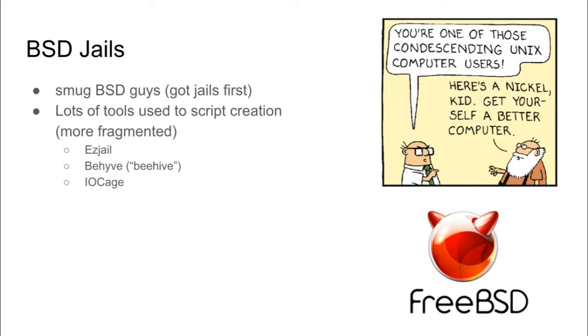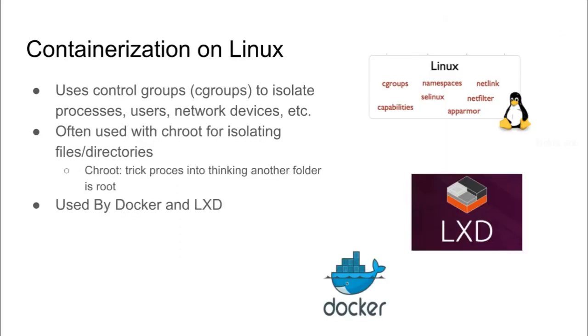BSD has had something like this going back pretty far anyhow. They have these things called jails, which are very similar to Linux LXC and control groups. I was looking around, and they don't have anything exactly like cgroups, which allow the isolation of various resources.